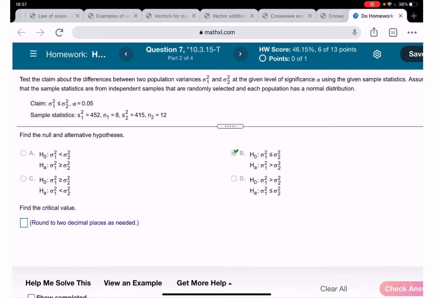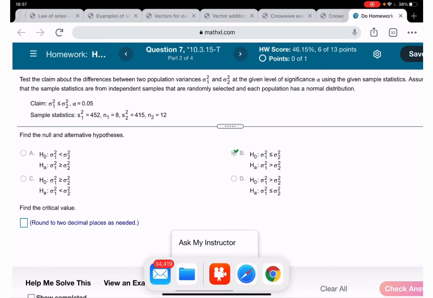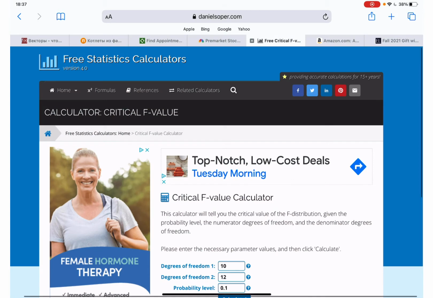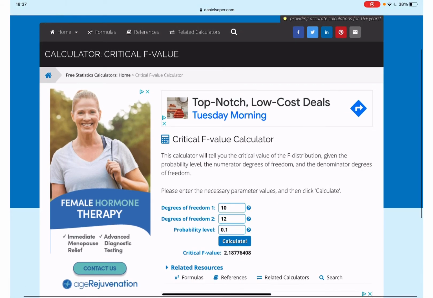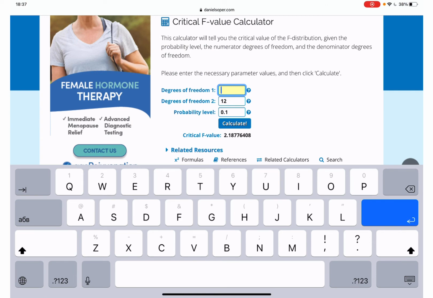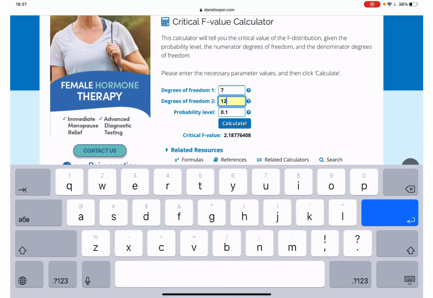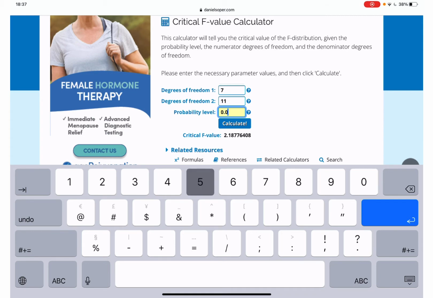Because we have here degree of freedom 11, the table I placed the link to doesn't have 11 degrees of freedom for the numerator. That's why I'm going to use the calculator. So N1 is going to be 7, N2 is going to be 11, and 0.05, right?